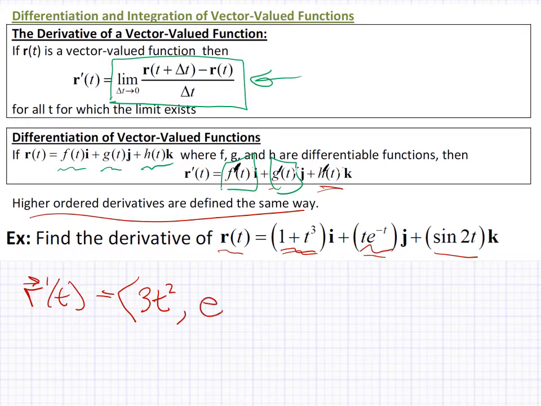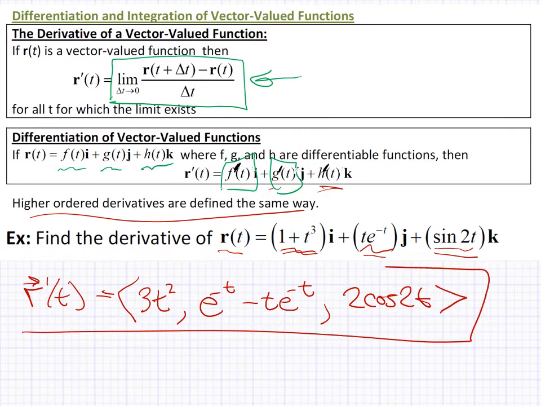So we're going to say e to the negative t minus t e to the negative t. That would be using the product rule, where we took the derivative of t, then the derivative of e to the negative t. And then the third component would be the derivative of sine 2t, in which case we should get 2 cosine 2t.